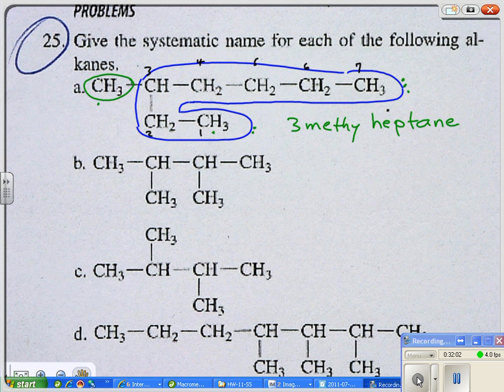It's the end that has any substituent the closest to it. So if we had a methyl substituent on what we've labeled number 5, counting from this end, 1, 2, 3, it could have actually been number 3.